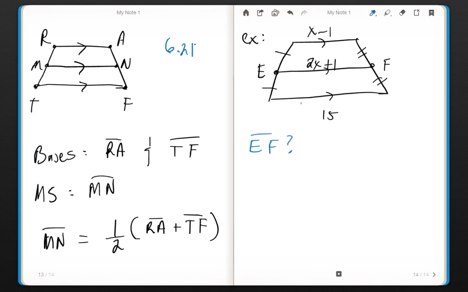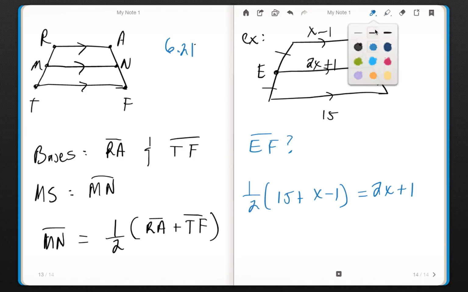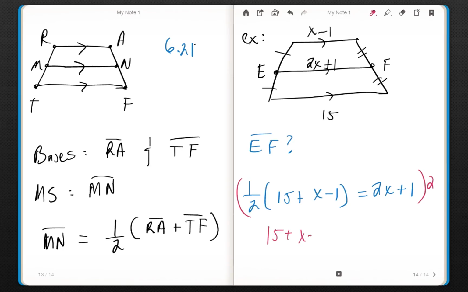Right? So let's take half the sum of the bases, and that should be equal to the midsegment. And that's how we get our equation. So we'll have to get rid of this fraction. There's a couple of ways to do it. I can just multiply both sides by 2. And the 1/2 goes away on the left, so I'm just left with 15 plus x minus 1.